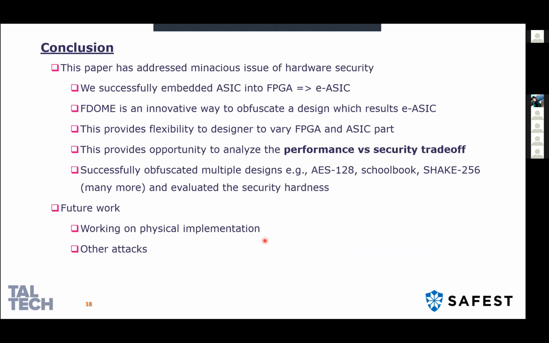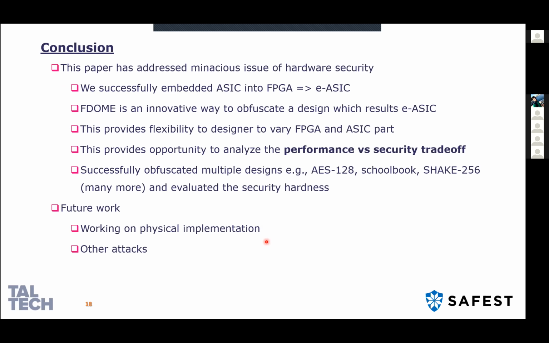So the conclusion of this paper is that we have addressed the money issue of hardware security. We successfully embedded ASIC into the FPGA that produces a new device called embedded ASIC. And our custom developed tool FTOM is an innovative way to obfuscate a design, and that produces the embedded ASIC.